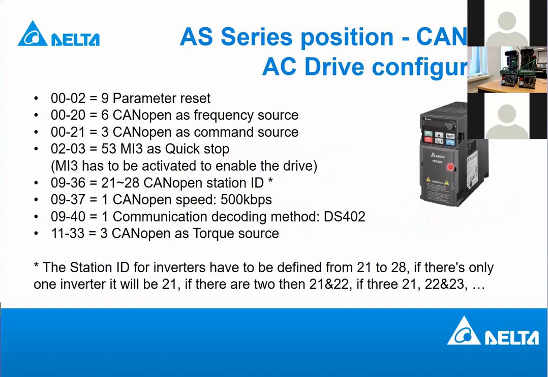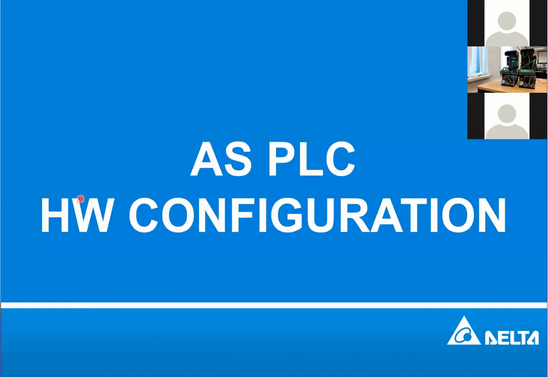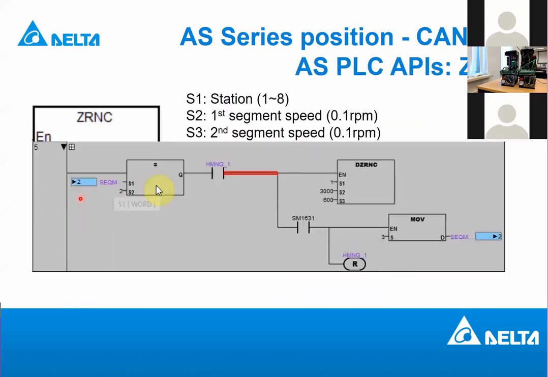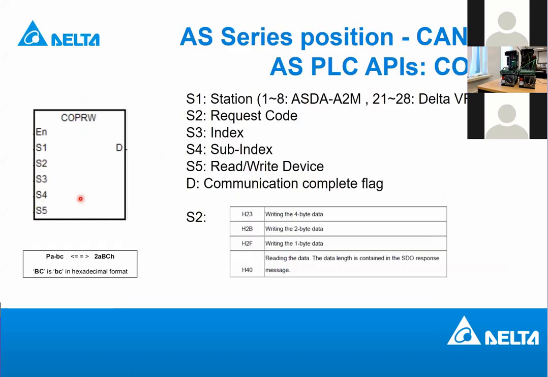When we were setting the CANopen for the inverter, we went to parameter group 9, and then index 37 to set the baud rate. So if you want to use that CANopen read write, you specify the parameter group and you specify the index you want to write. Let's see from that illustration how you interpret that.